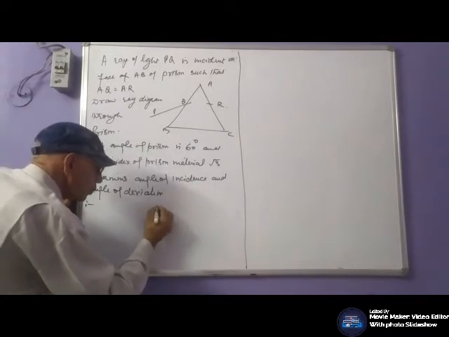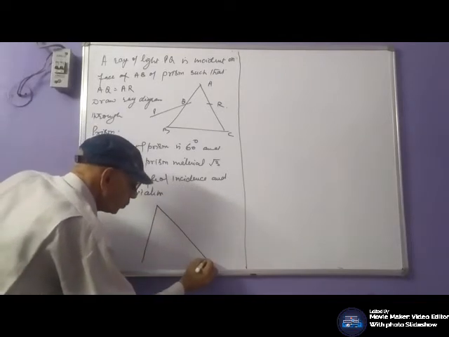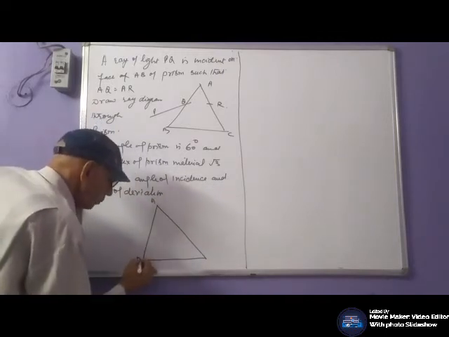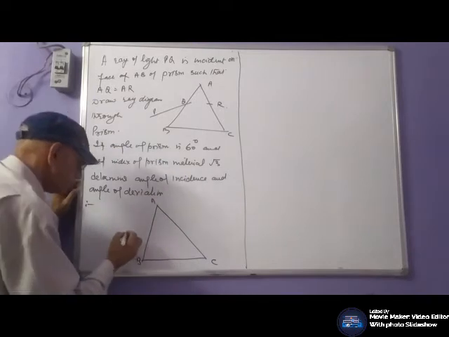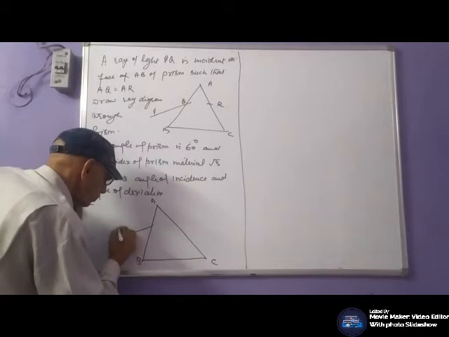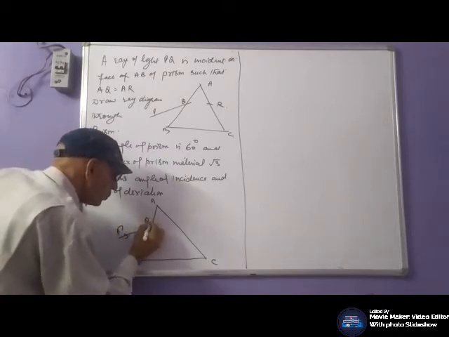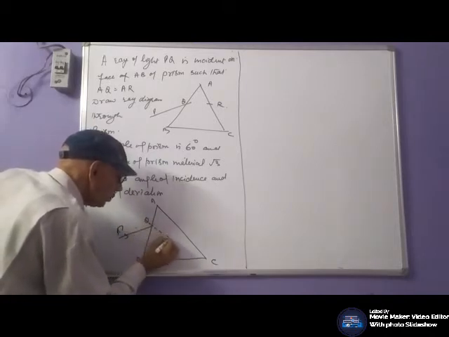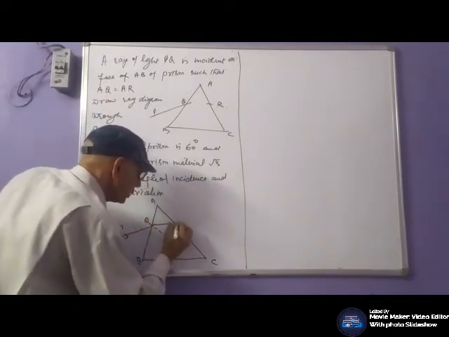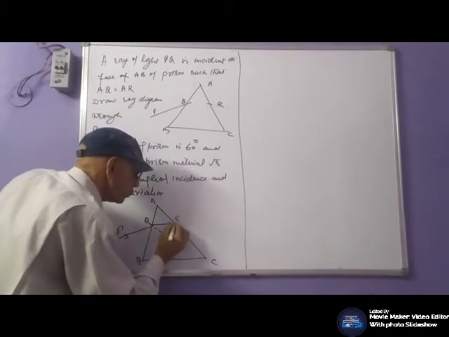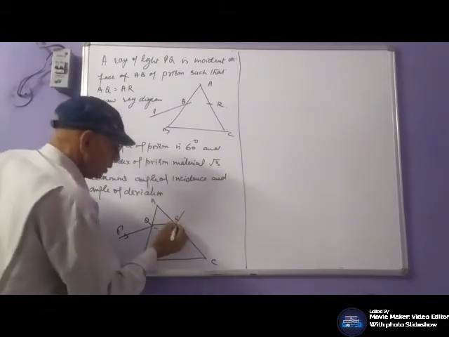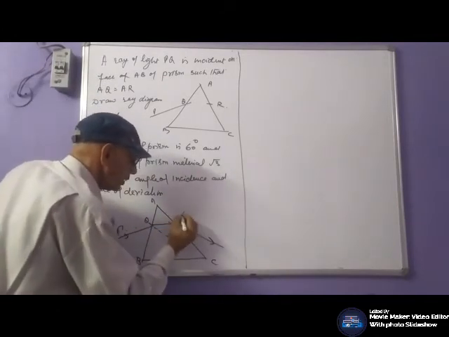Solution. This is prism A, B, C. This is P, this is Q. So this will be normal. Bend towards normal, this point is R. Normal. This is the emergent ray.